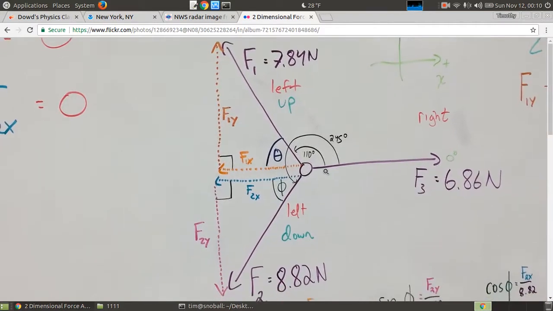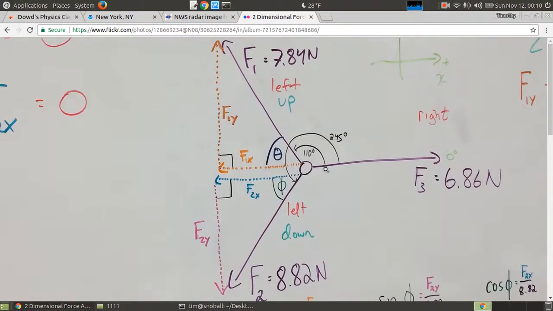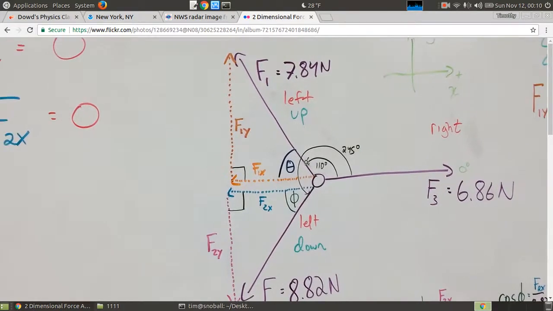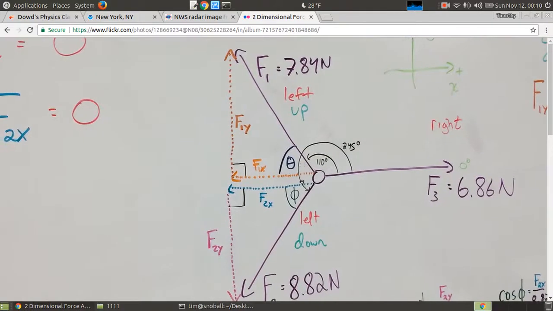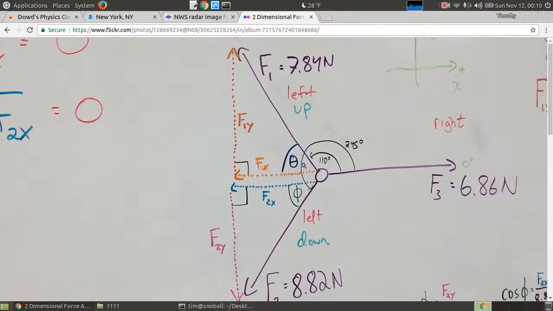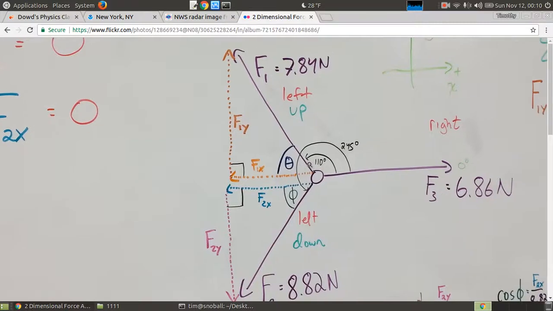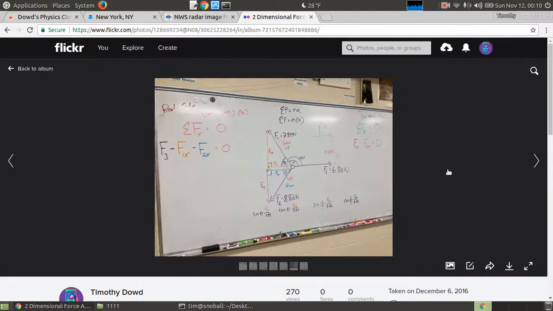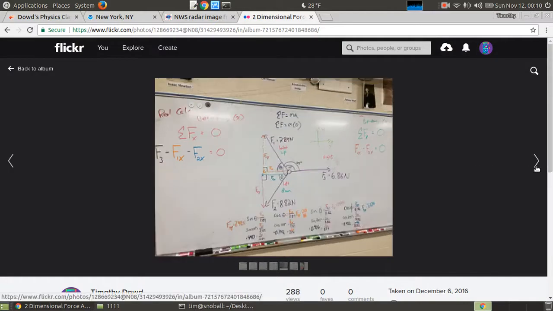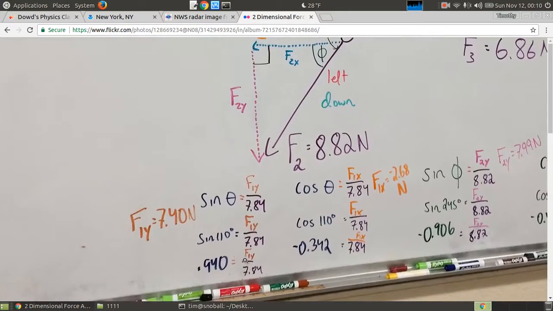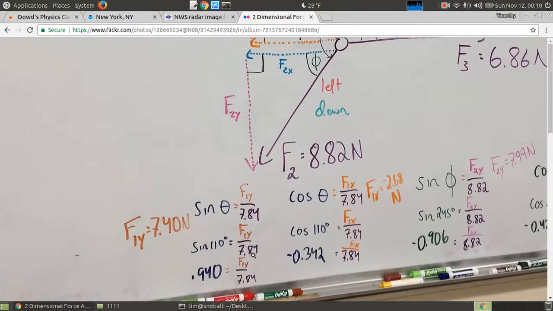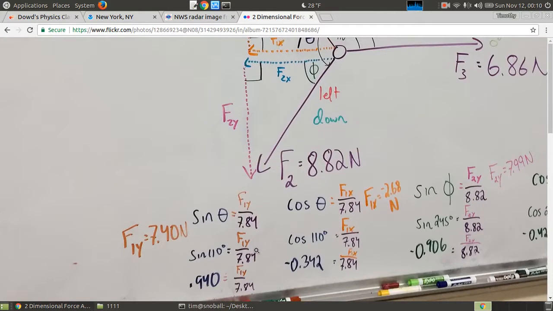Notice that we do have the angle from F3 to our force, which is 110 degrees. Theta, of course, is going to be 70 degrees because those two have to add to 180. So what we're going to do here is leave that 110 in there, and we'll end up getting some numbers that would have been very similar to if we had put in the 70.